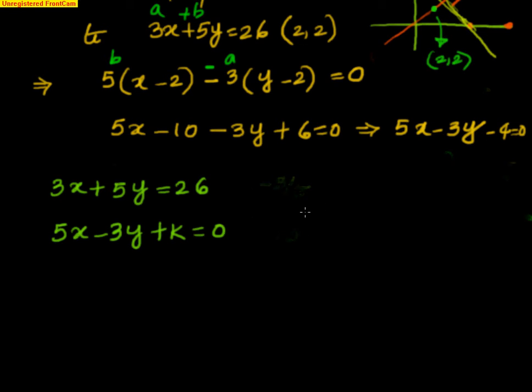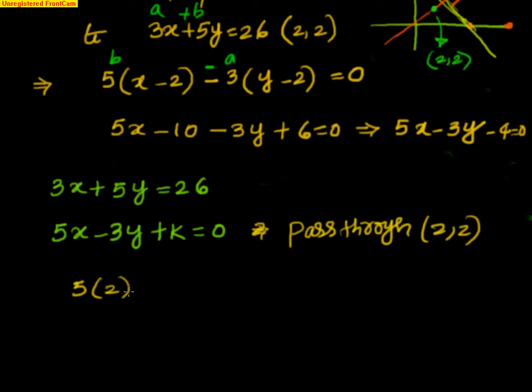Okay, fine. Now we have to find the value of k. To get the value of k, I will take the help of (2, 2). This has to pass through (2, 2). So I will say 5 into 2 minus 3 into 2 plus k is equal to 0.